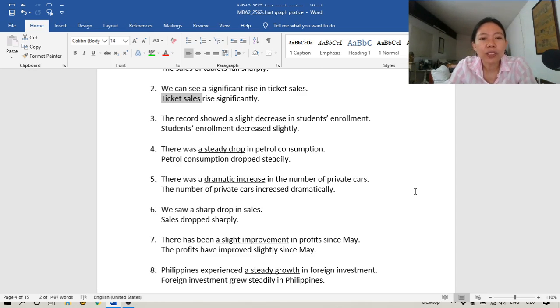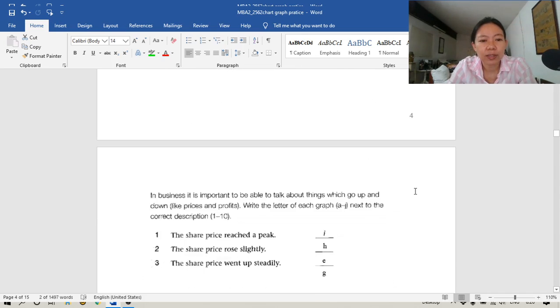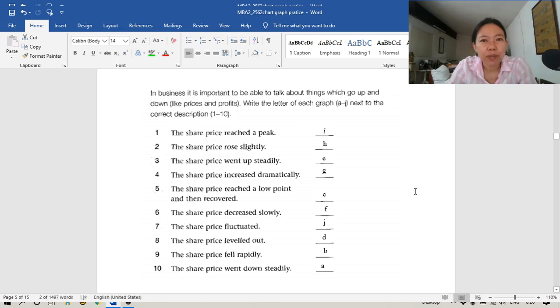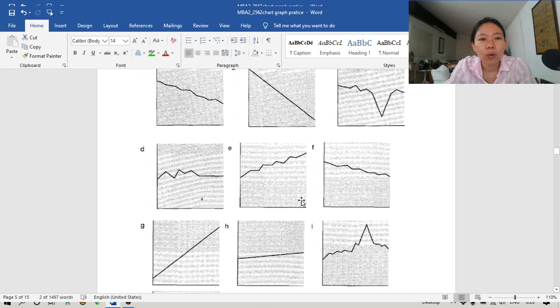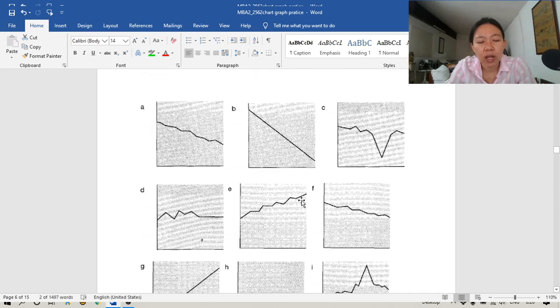Next, we're going to move on to match the pictures with the statement that best describes the picture. So here we have the statement, and below we have the picture. So I'm going to look at the picture and read the sentence that best describes each picture.